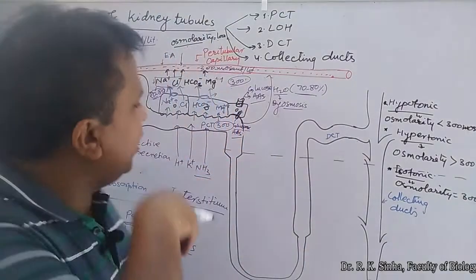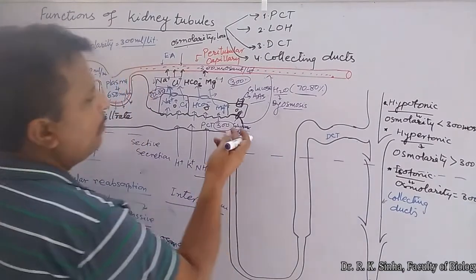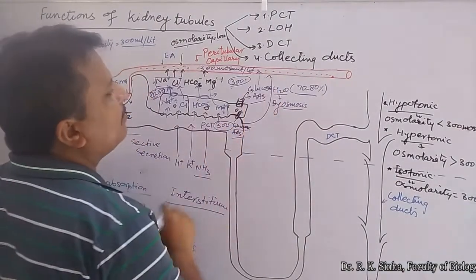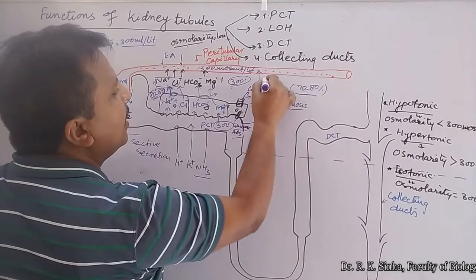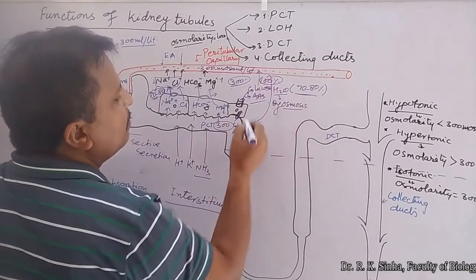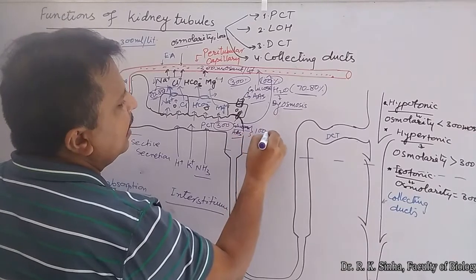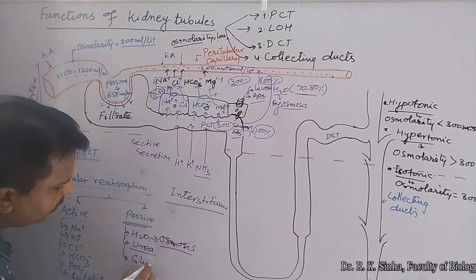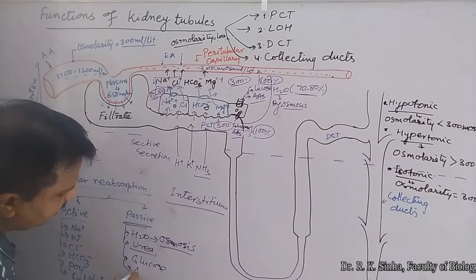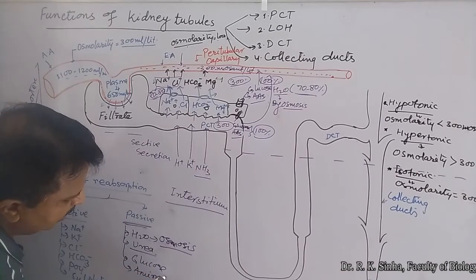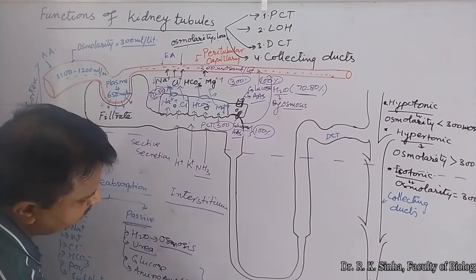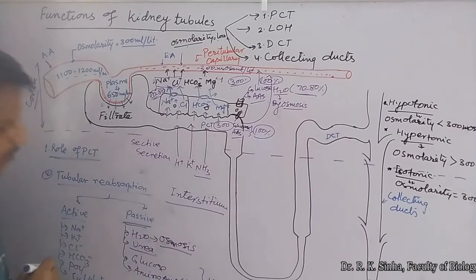So this glucose cannot pass out, so it will be facilitatedly reabsorbed. Both are 100% reabsorbed: the reabsorption of glucose and amino acid, these two 100% reabsorbed.